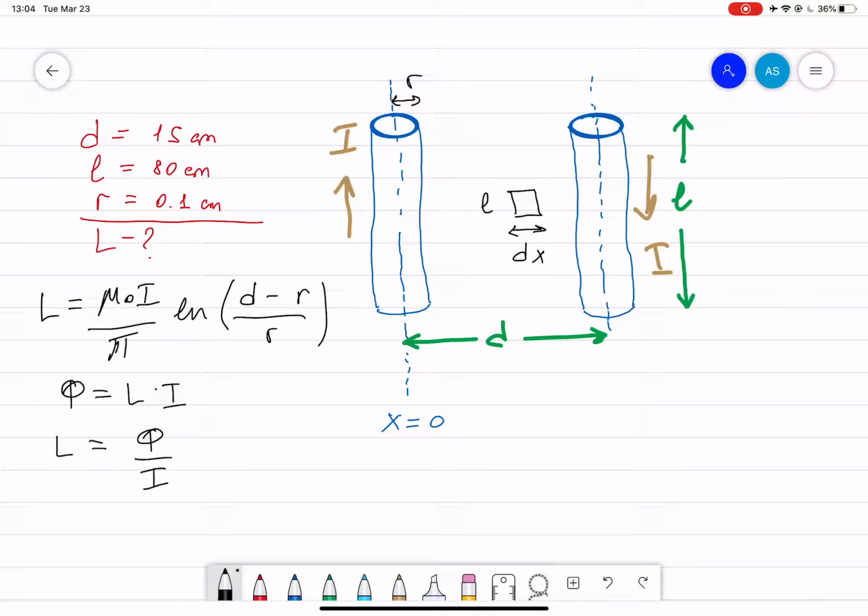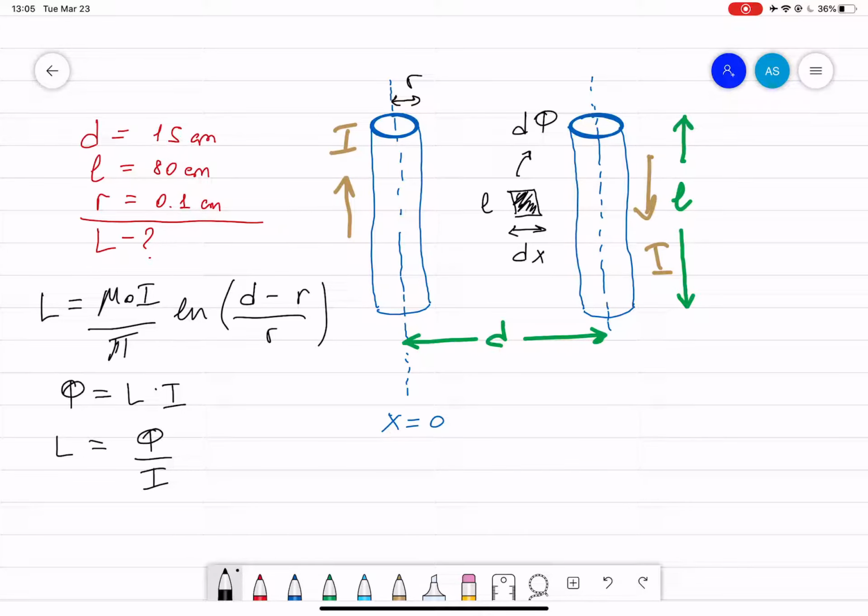Let's say the small area has width dx and height L. The flux through this small area is a very small flux, dΦ. Now, how can we find it?